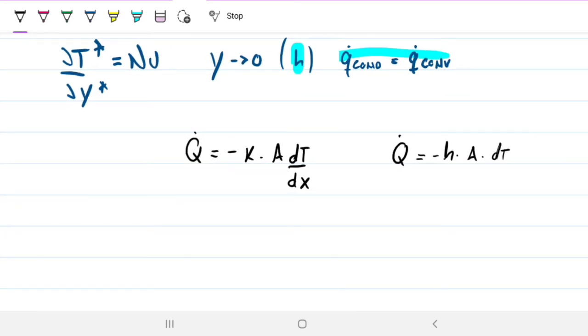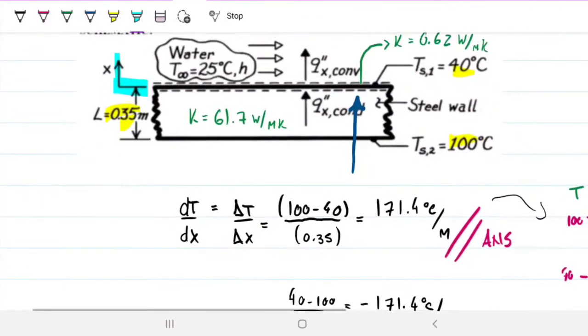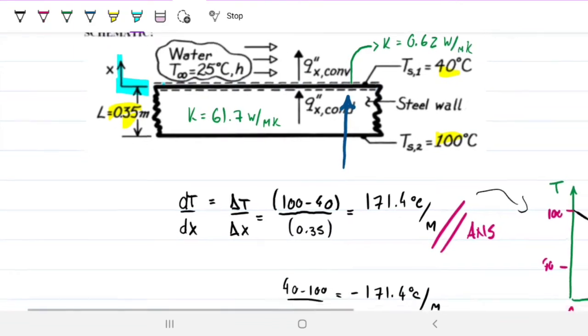To make the two of them equal, that means that minus k A dT/dx equals minus h A dT. And the areas, as you can see from our drawing, are the same, by definition, because we're talking about the same region.